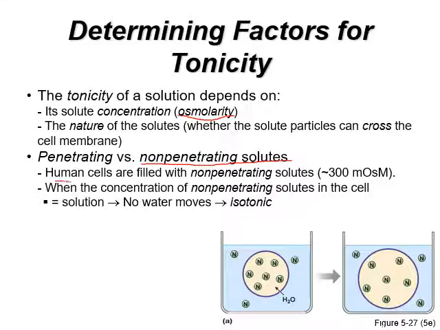That's what the human cells keep in there. Essentially, to determine where water is going to move, all we have to do is compare the osmolarity of non-penetrating solutes in the solution compared to the osmolarity of non-penetrating solutes in the cell.